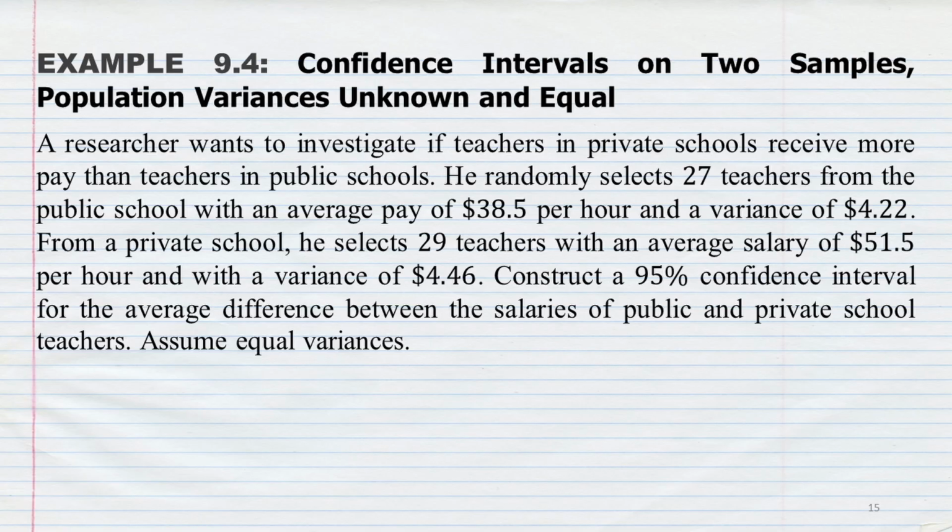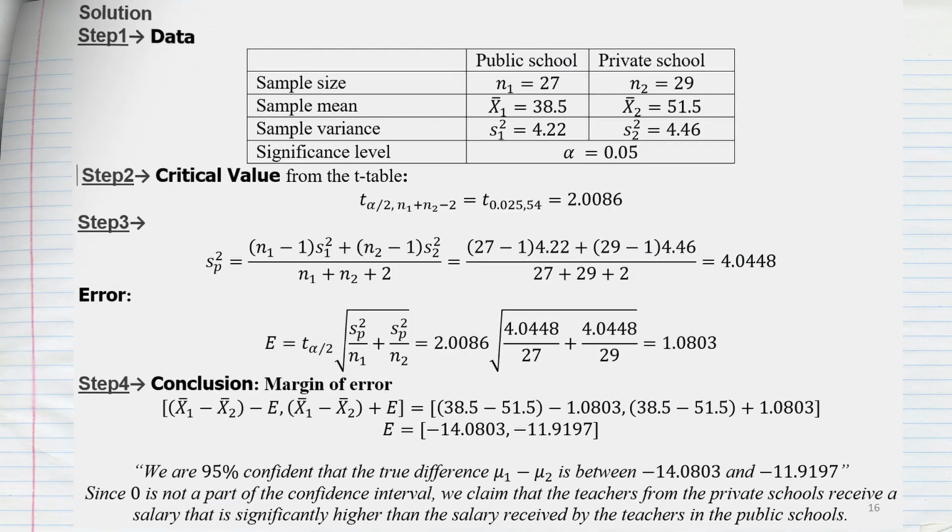From a private school, he selects 29 teachers with an average salary of $51.5 per hour and with a variance of 4.46. Construct a 95% confidence interval for the average difference between the salaries of public and private school teachers. Assume equal variances. Let's solve this statistical problem by using our usual cheat sheet.